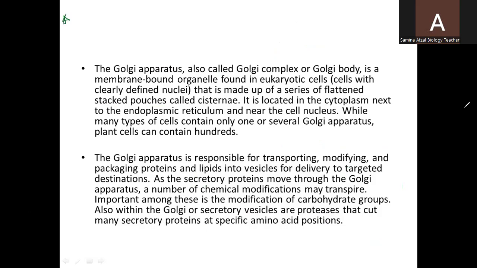I would like to write over here: formed from small pieces of rough endoplasmic reticulum. These small pieces form vesicles, and these small vesicles will join together to make the Golgi body.